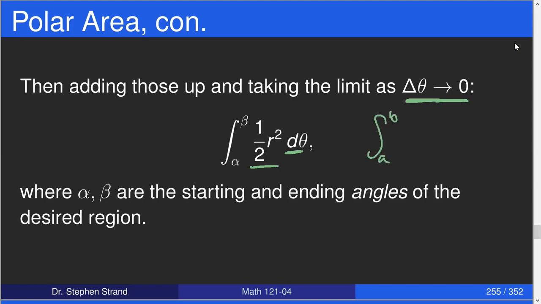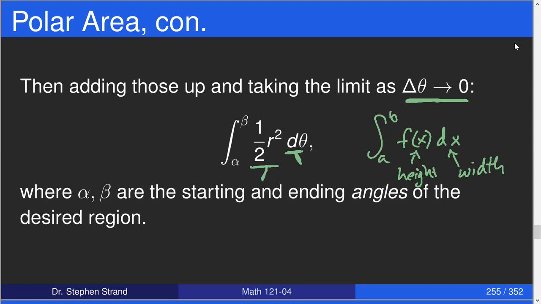Okay? So again, the analogy here is that when we did regular old integrals, we went from a to b, and we did basically height times width, because we were looking at rectangles as our fundamental shape. So now what we're doing is we're doing circle sectors. So we're going to have delta theta, which is kind of like a width, and 1/2 r squared, where we can kind of think of r like a height.